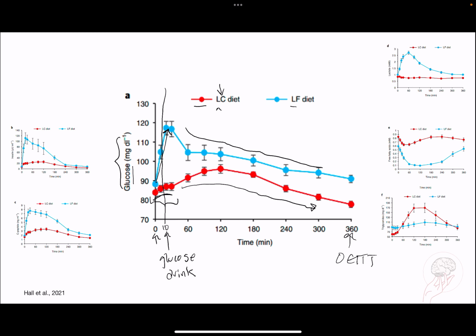That makes sense because it's low carbohydrates. But these people came in fasted, and then they drank a glucose drink. Why don't we see this glucose spike? We need to look at more data.